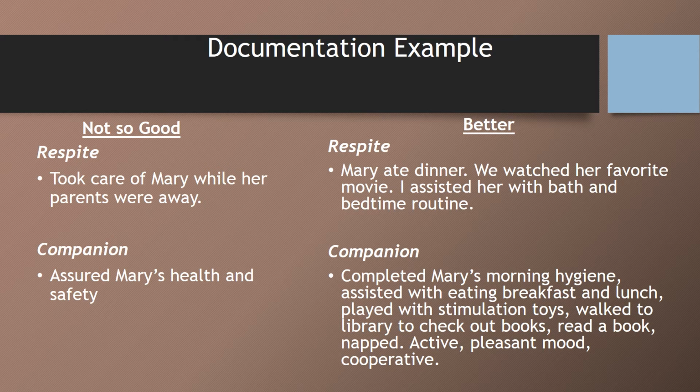24-hour respite is documented on a different type of log than habilitation or companion. You'll see multiple lines for start and stop times. This is for documenting or clocking out when the participant is sleeping, whether it be a nap during the day or normal overnight sleep.